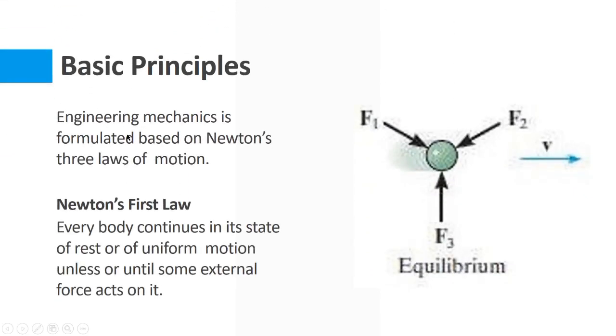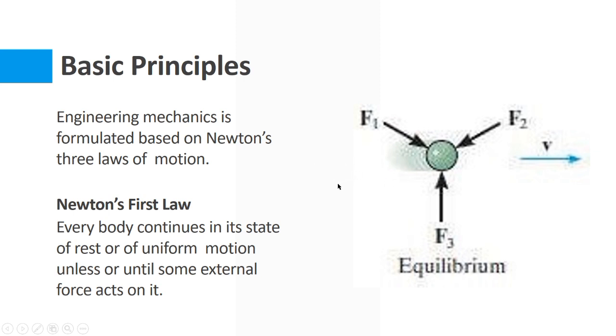Now, some basic principles of engineering mechanics are Newton's three laws of motion. Actually, engineering mechanics is formulated based on Newton's three laws of motion. The first law of motion states that every body continues in its state of rest or of uniform motion unless or until some external force acts on it.